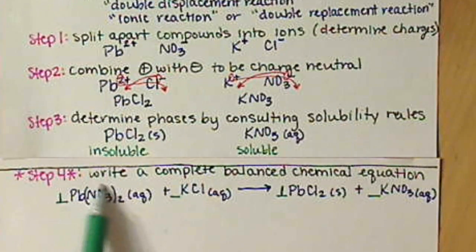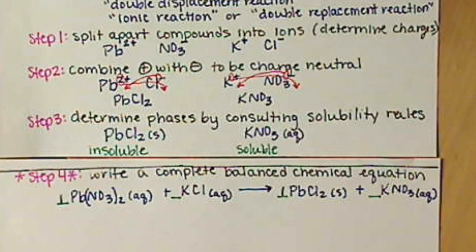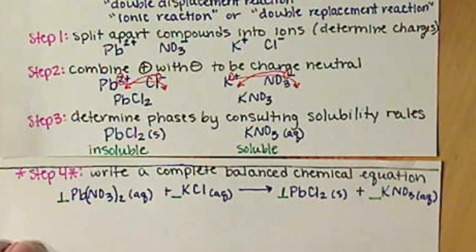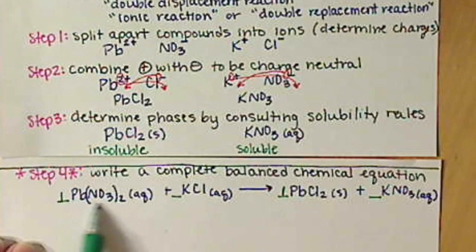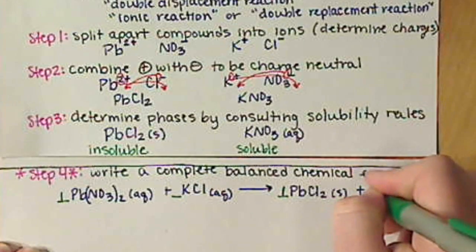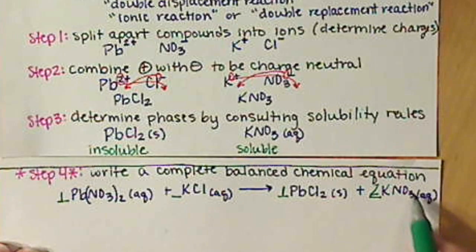Now I have nitrate here, and I have nitrate over in the products. So rather than balancing the nitrogen and the oxygen separately, I can consider them together because they stay together. So I'm actually going to balance the nitrate ions, and I have 2 nitrates. So over in my potassium nitrate, I only have 1 right now. So if I put a 2 out in front as my coefficient, I will have 2 nitrates.